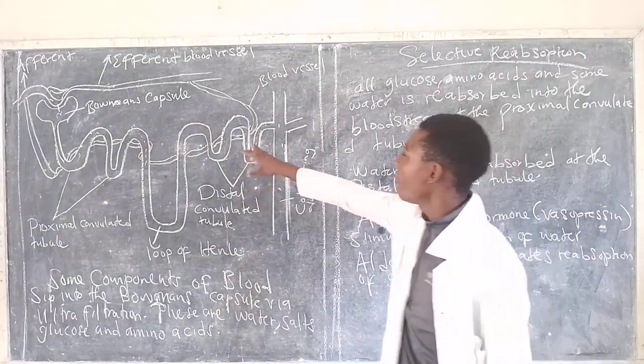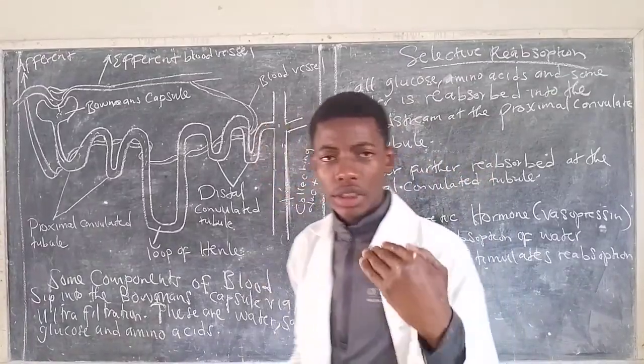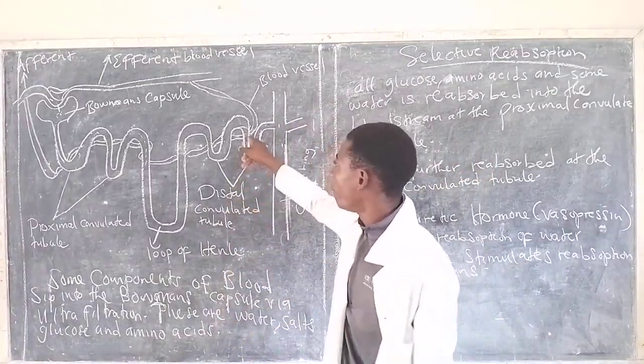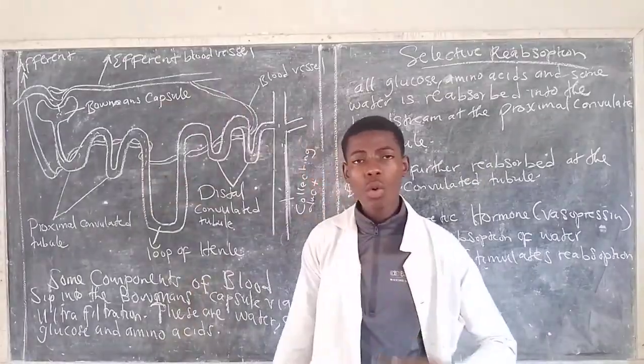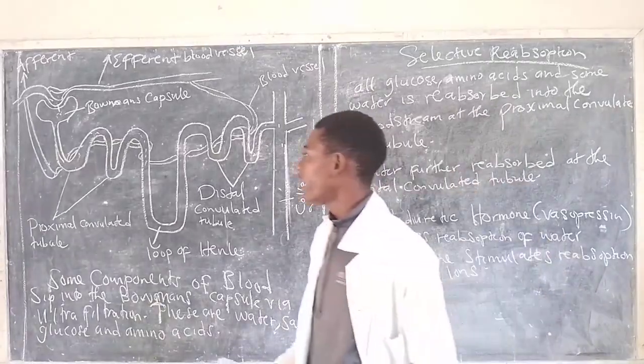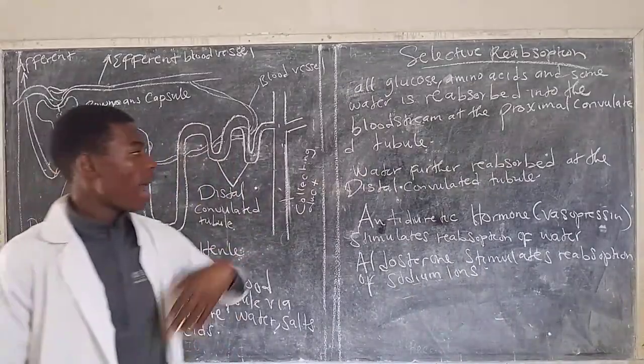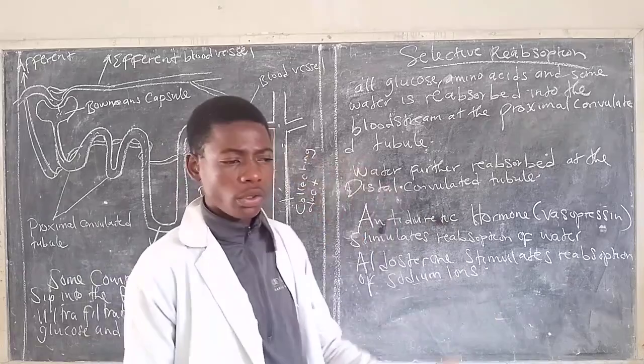When they become permeable, they are now able to allow sodium ions to be reabsorbed back into the bloodstream. So that is how it works. It works under those hormones: the antidiuretic hormone as well as the aldosterone hormone.